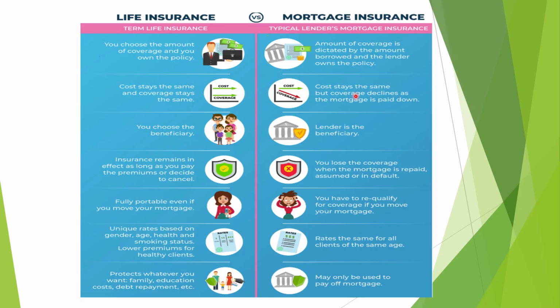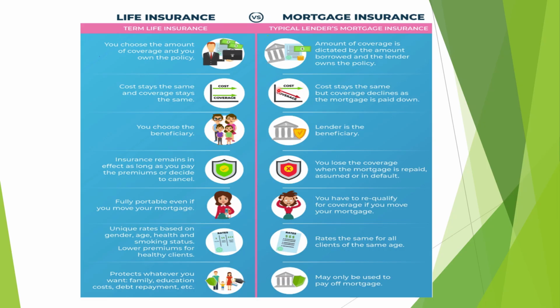Whereas in a mortgage insurance, your cost stays the same, but the coverage declines as the mortgage is paid down. It's really disappointing: at the beginning you are paying the same because your coverage is like $1 million. Now as time passes, you pay your mortgage, and at the very end of your mortgage you're also paying the same cost.